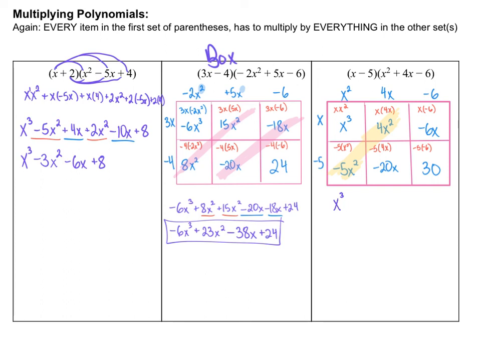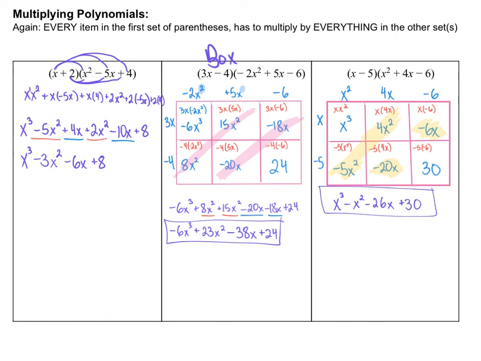Now negative 5x squared and a positive 4x squared gives me a negative 1x squared, or minus x squared. Now if I look in my single x terms, I have a negative 20 and a negative 6. So negative 20 plus negative 6, negative 26x. And I still have my plus 30 at the end.